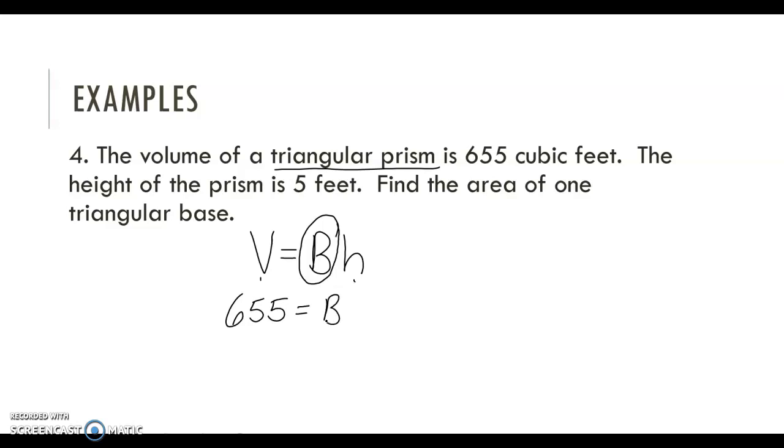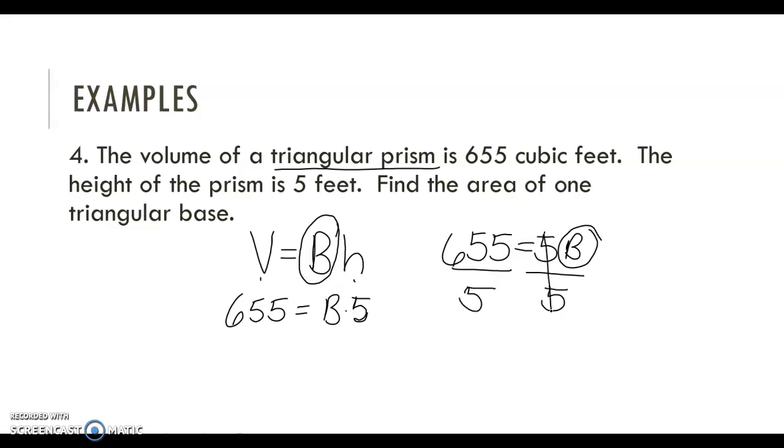Base area I don't know, times the height of the prism, which is 5. So I get 655 equals 5 times the base area. I want this base area, so I'm going to divide both sides by 5. 655 divided by 5 leaves me with a base area of 131.